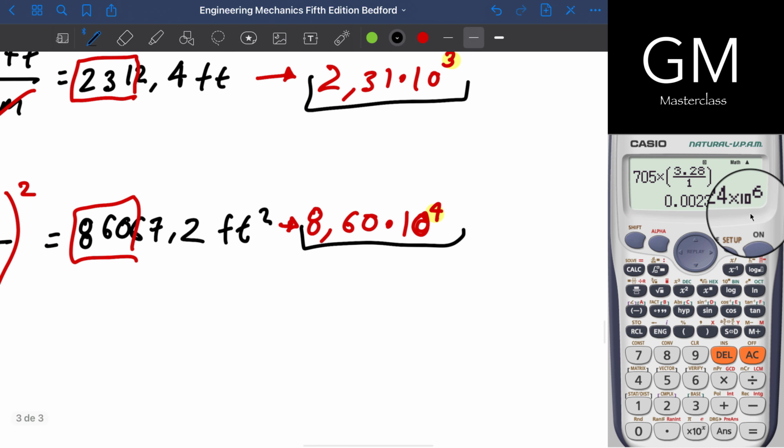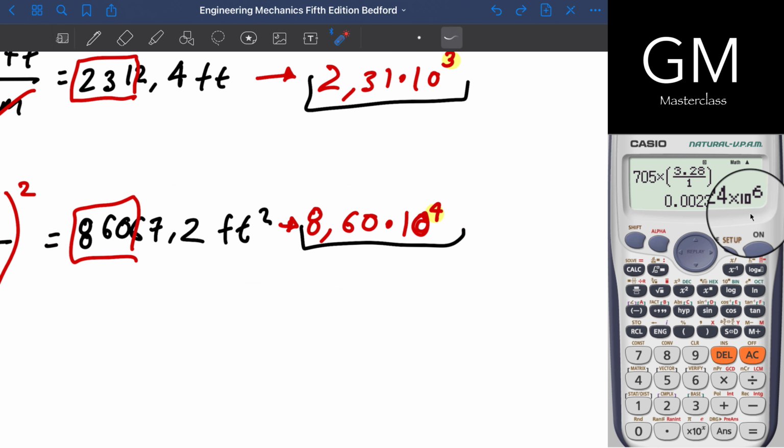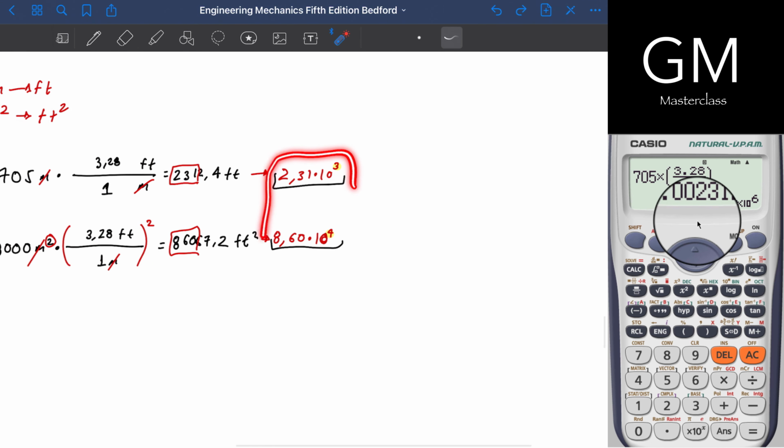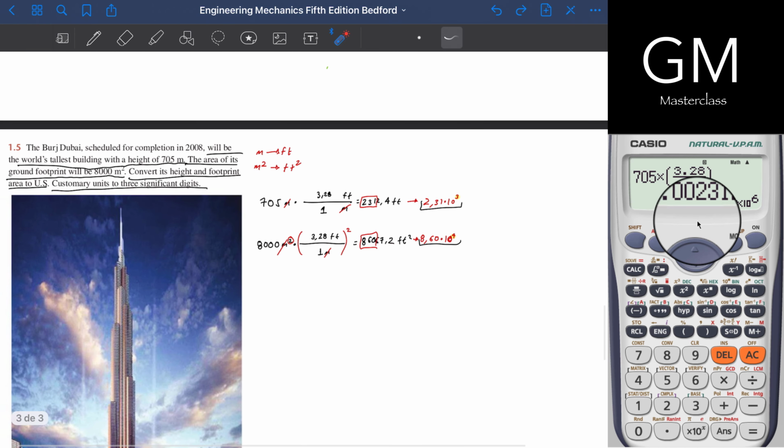But I could not have done this with the calculator for this one, because this is to the 4th power, and the calculator just shows me the results 3 by 3. So these ones are the results for this exercise.